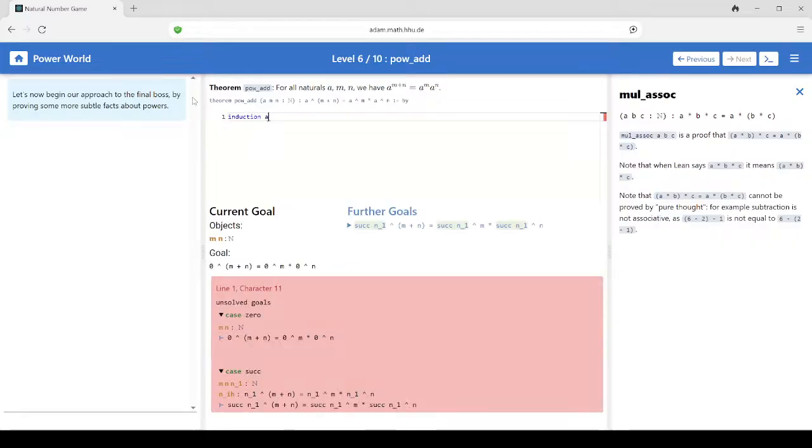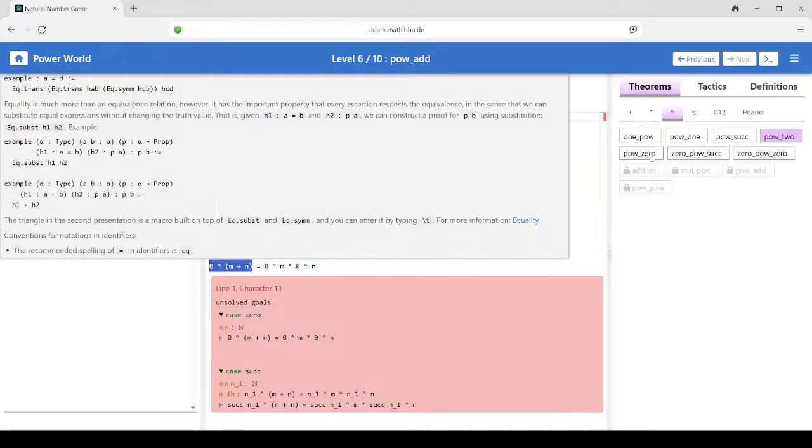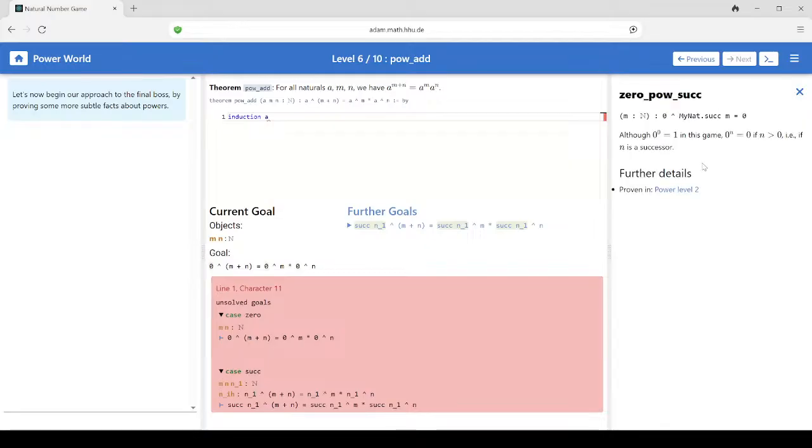Are you sure there's no way that I can do anything with induction A? I'm pretty sure no. I don't think there's anything in here that says anything definitive about 0 being raised to the power of something. Because 0 to the power of 0 is 1, but 0 to the power of anything else is 0.